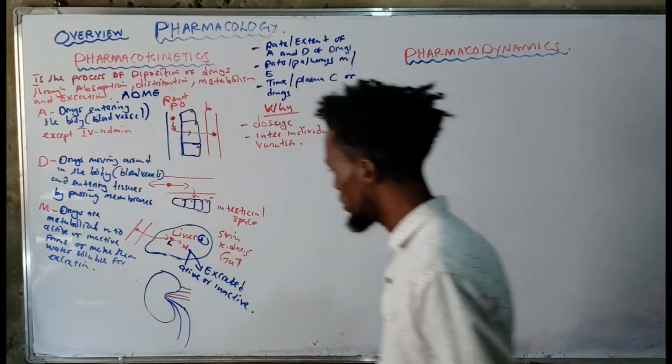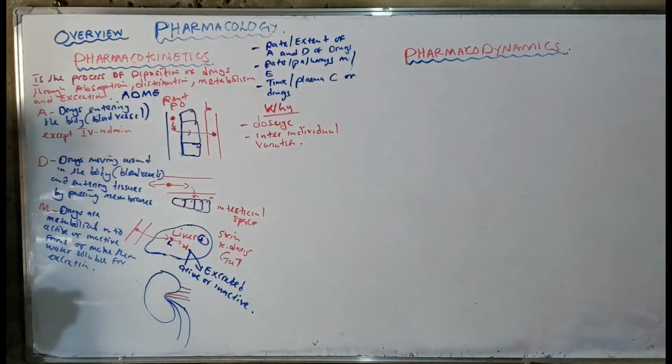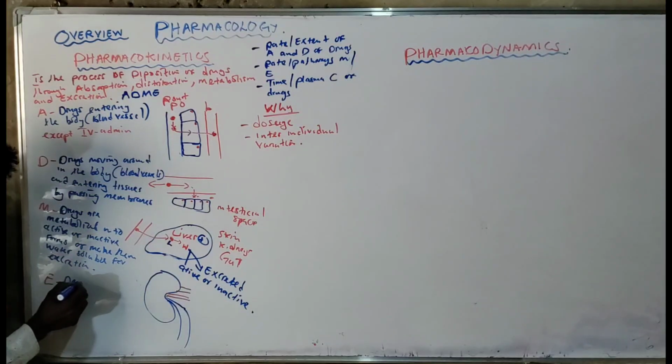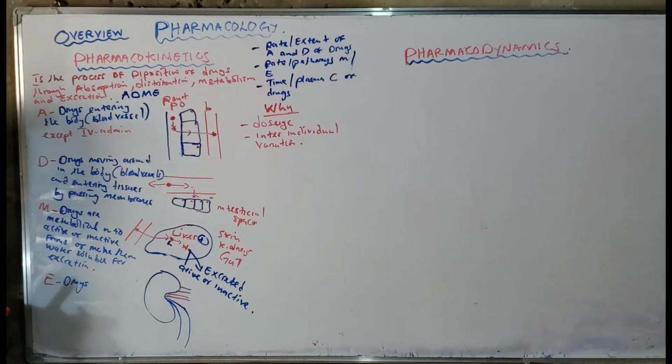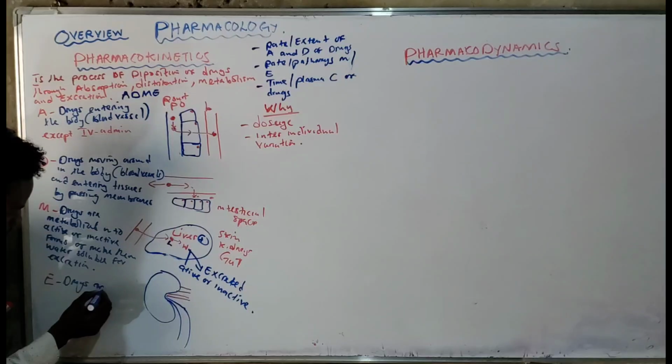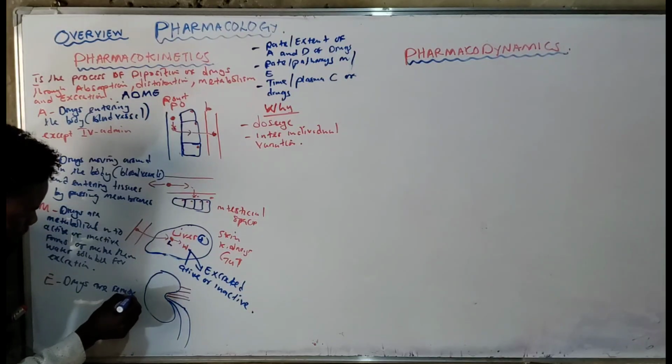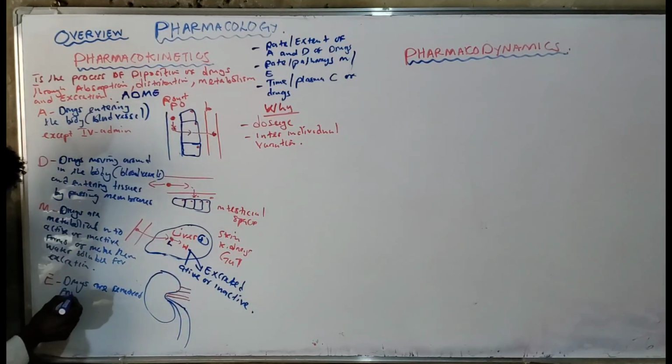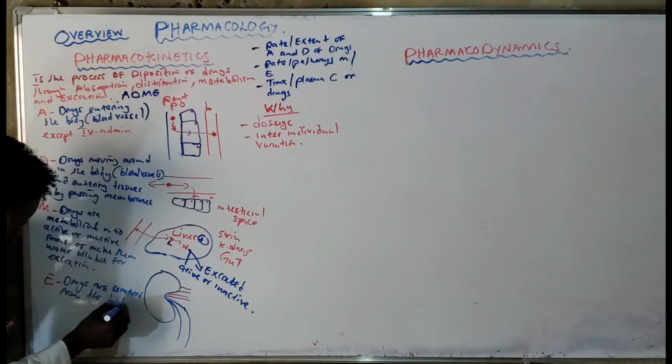Now let's go to the last one, E. E is excretion. What about excretion? Drugs are removed from the body.